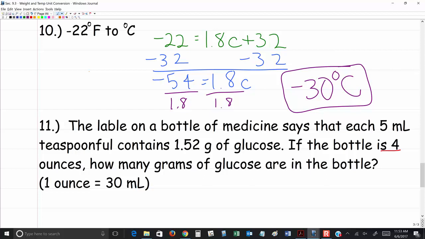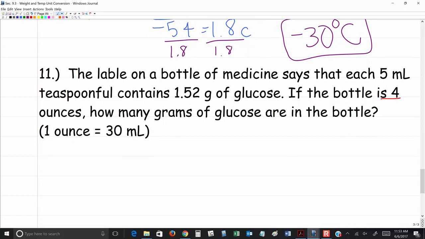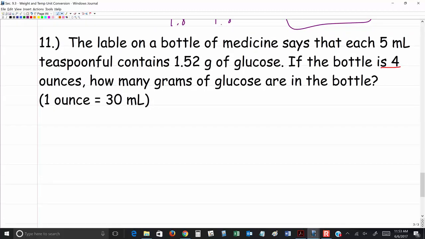Okay, and number 11. The label on a bottle of medicine says that each 5 milliliter teaspoonful contains 1.52 grams of glucose. If the bottle is 4 ounces, how many grams of glucose are in the bottle? 1 ounce is equal to 30 milliliters.